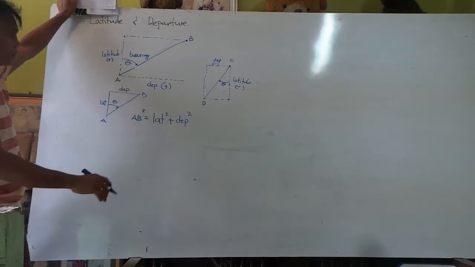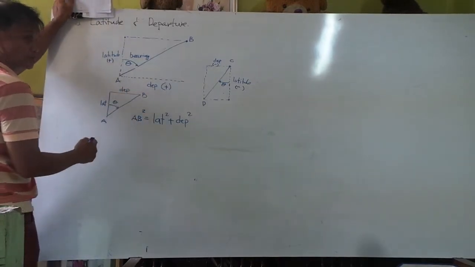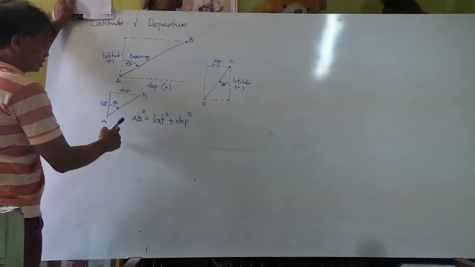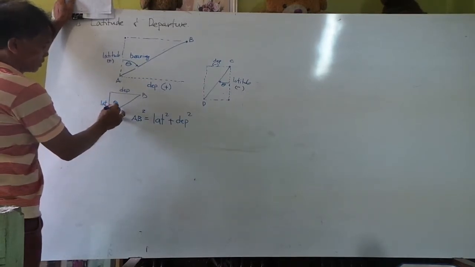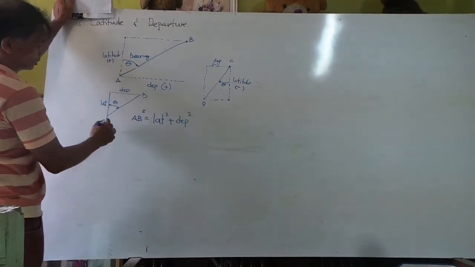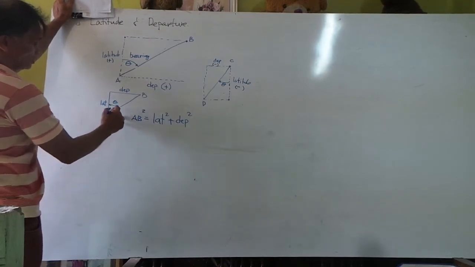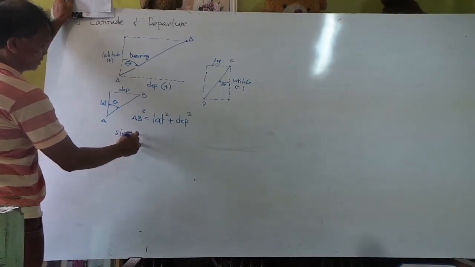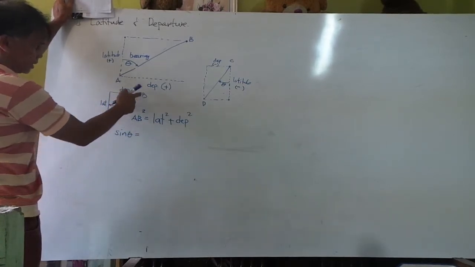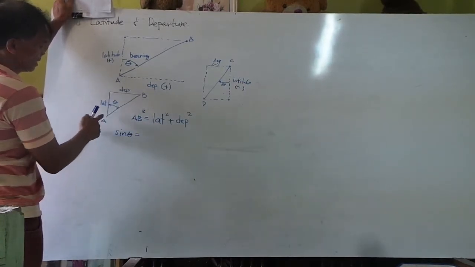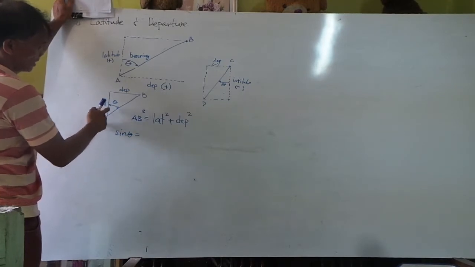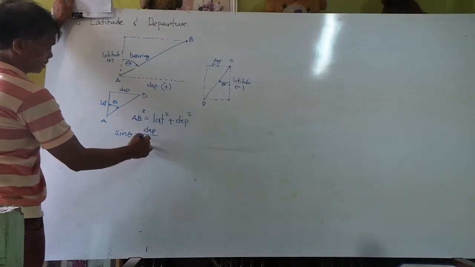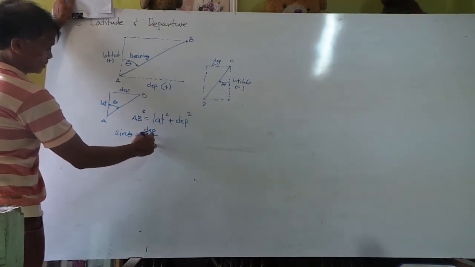Then from this triangle, using trigonometry, based on this given angle or bearing, sine theta is departure over line AB.